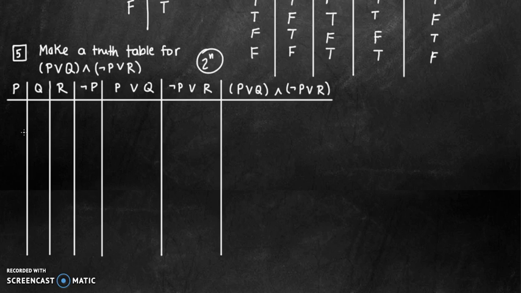Now here's a mental shortcut to know that your list is going to list all the options. For the first column, P, you're going to list the first half of the options as true and the last half of the options as false. So I'm going to have 4 truths and 4 falses.